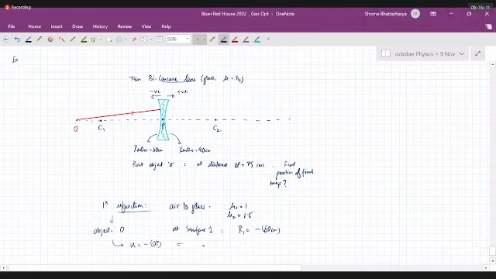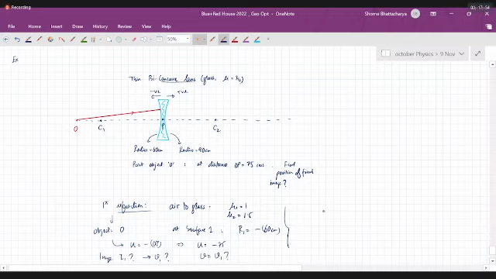So we will take u as minus 75. Now the image I1 we want to find out, so we'll take v as v1.